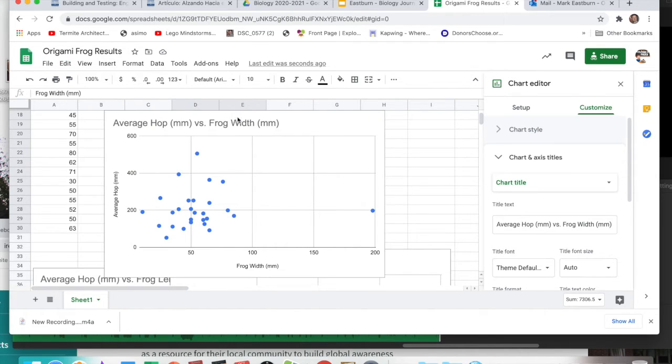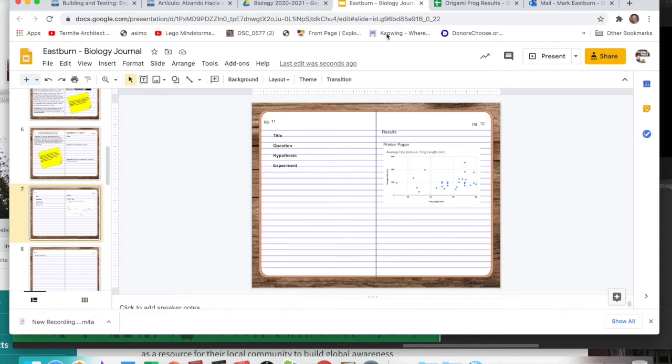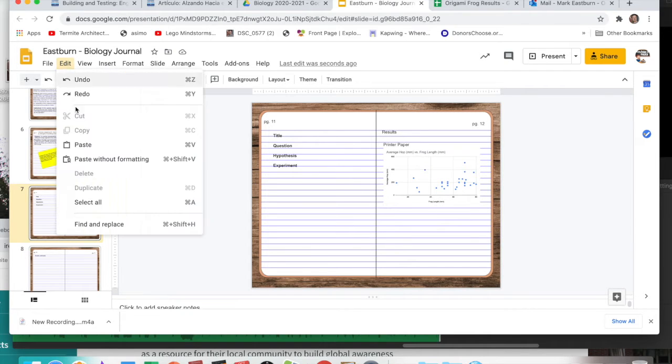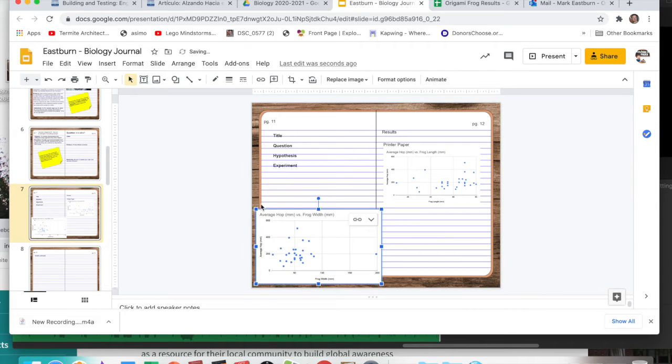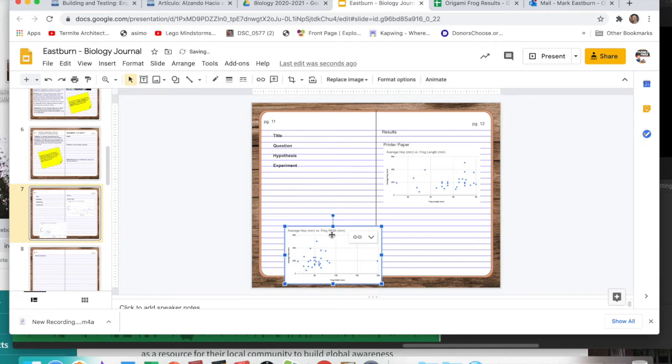So I'll copy this just as I did before, and then I'll go to paste it. And again, since I have the heading printer paper, I want to keep these together. I'll just make this a little bit smaller and then transfer it over. And there we go.